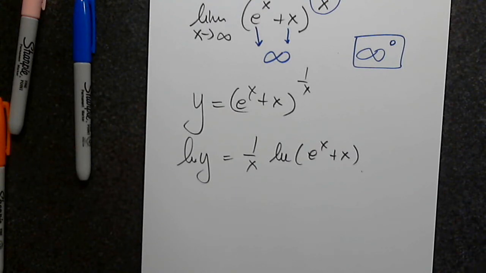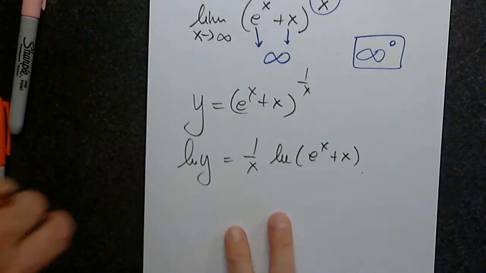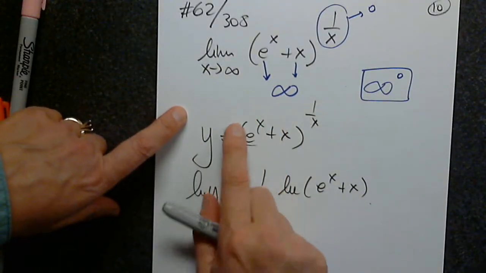But without that theorem, we cannot do this. What was that theorem? Swapping of the operators. We have to find the limit of natural log. And you can say, but that's not what we're asked to do. I know.